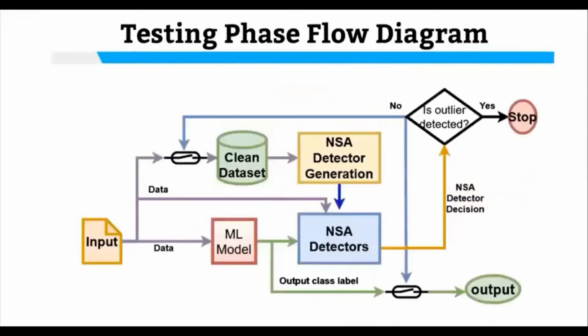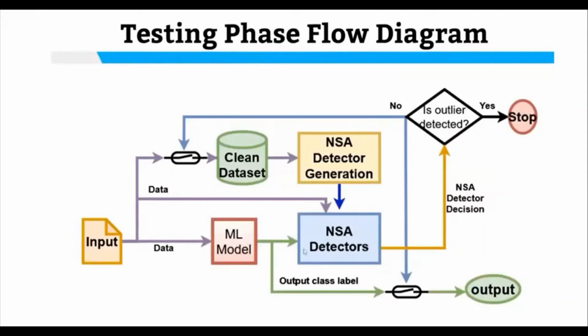Why this works, you will understand in this flow diagram. Input comes to the ML model, and initially the NSA detector is not working, so it goes directly to the output. The NSA detector gets trained from the clean dataset. So the ML model output and the input go to the clean dataset, generating the NSA detector initially. When the NSA detector has been generated, it starts to check whether the new inputs are caught by the detector or not.